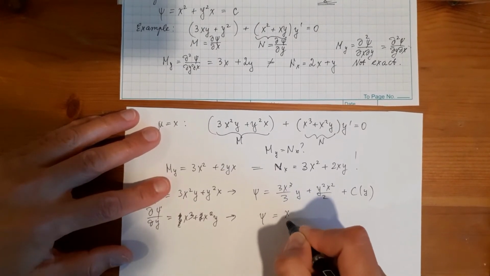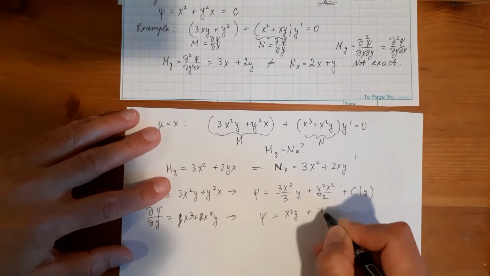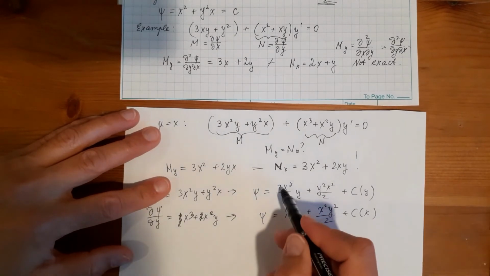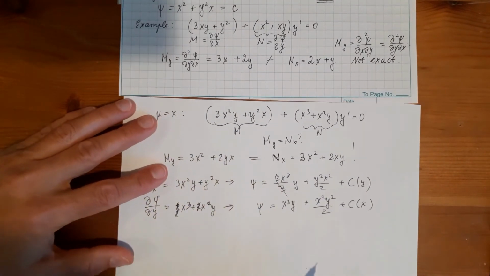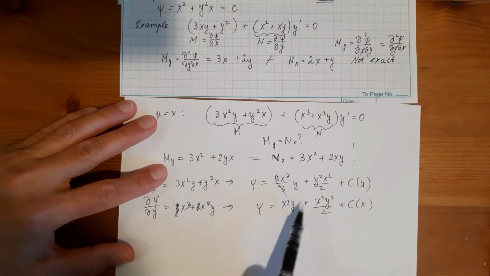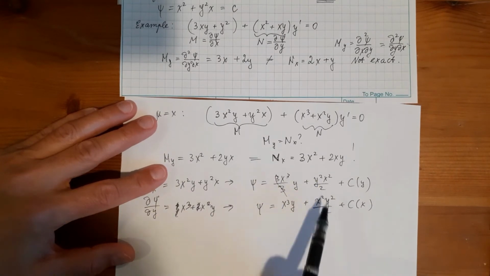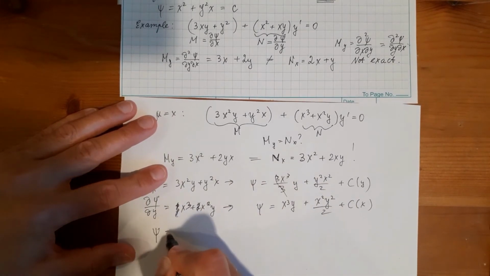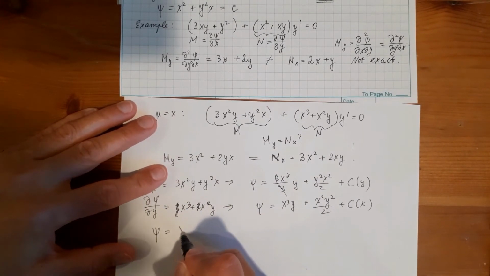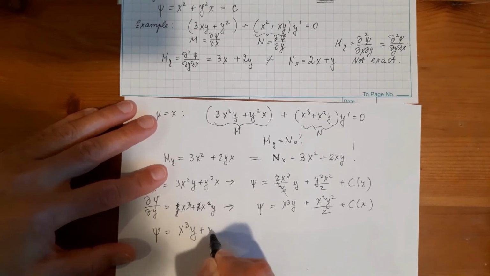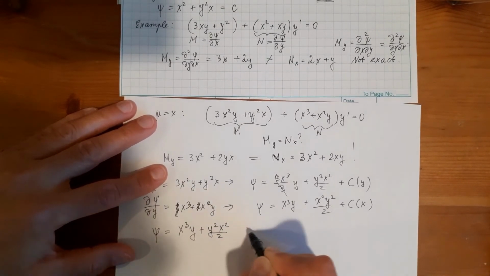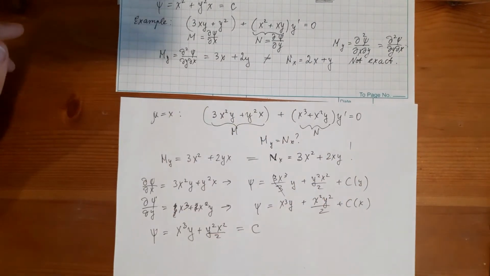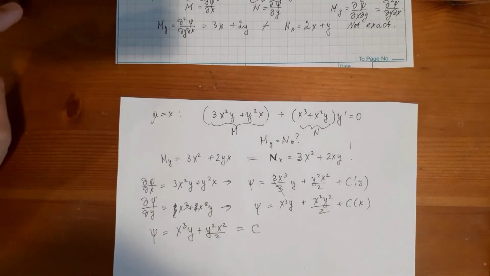Phi is going to be x cubed y plus x squared y squared over 2 plus a constant of x. I compare these two functions, canceling 3 and 3, and I get exactly the same: x cubed y, plus y squared x squared over 2. So there is no function which depends only on x or only on y. So my phi equals x cubed y plus y squared x squared over 2, and equals a constant. That's a real constant. These two earlier constants are functions of x and y, but that's a real constant.